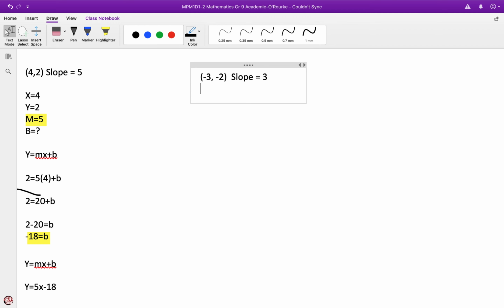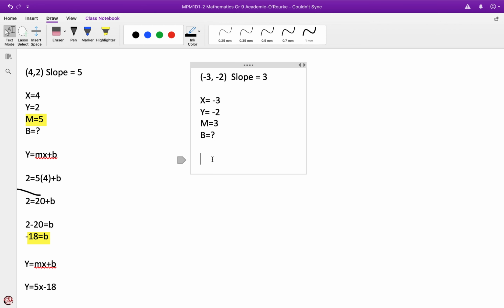Alright, so let's write down everything we know: x, y, m, and b. So we take a look and let's write down everything we know. We know this is negative 3. We know this is negative 2. We know this is 3. And we don't know this.